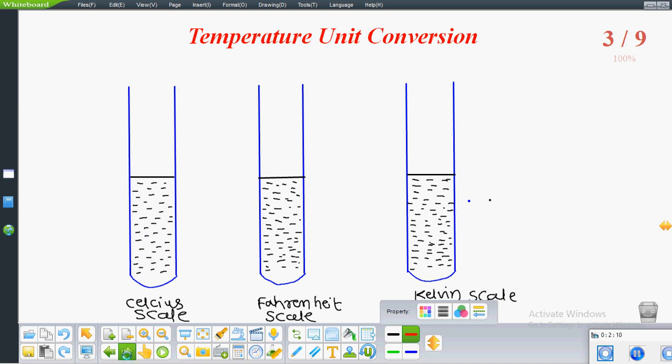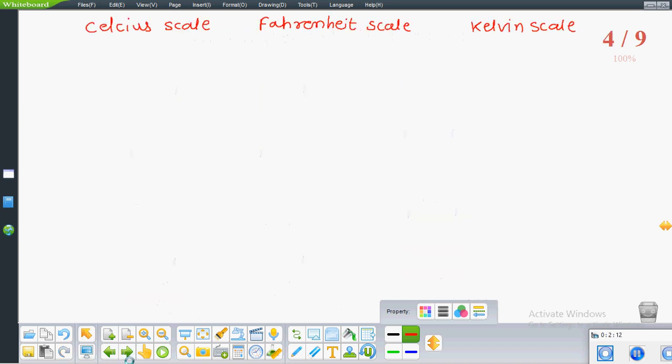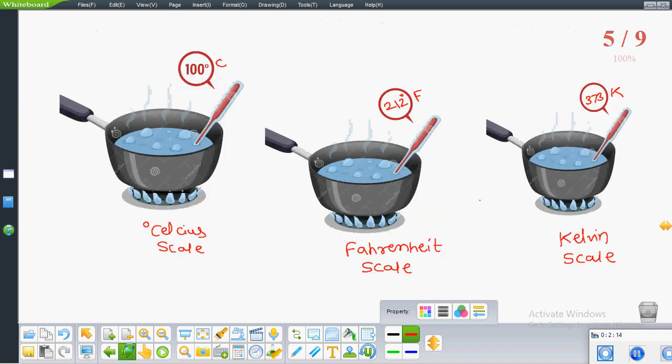First, put these three glass tubes simultaneously one by one in boiling water. Mercury rises and shows the temperature of 100 degrees centigrade on the Celsius scale. Similarly, on the Fahrenheit scale, 212 degrees Fahrenheit, and 373 degrees Kelvin on the Kelvin scale.